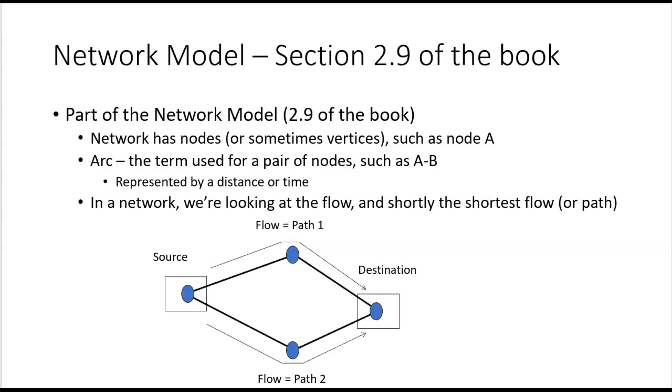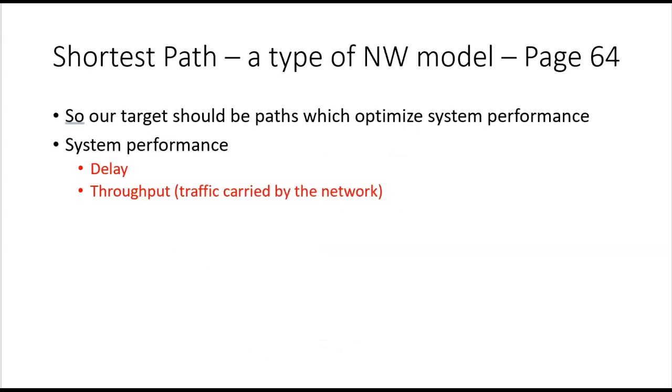So in the network, we're looking at the flow. And shortly, we're going to be talking about the shortest path. Now, after that short description in 2.9, you would jump to page 64, where it gives a good description of the shortest path model with a solid example.